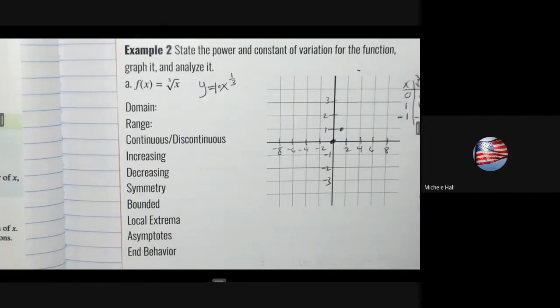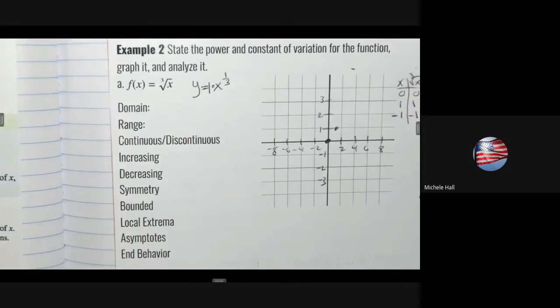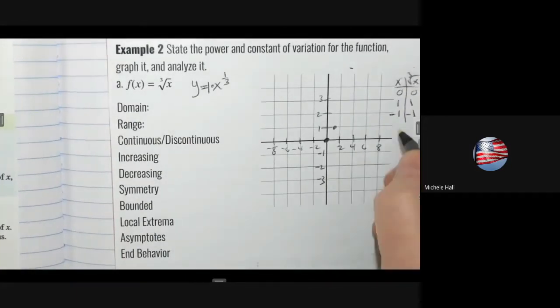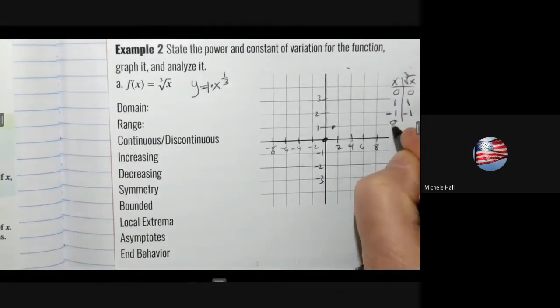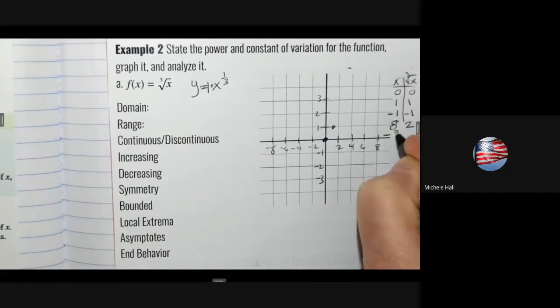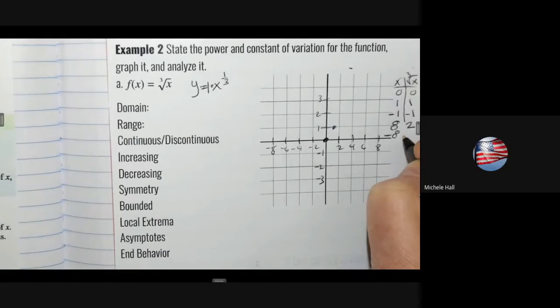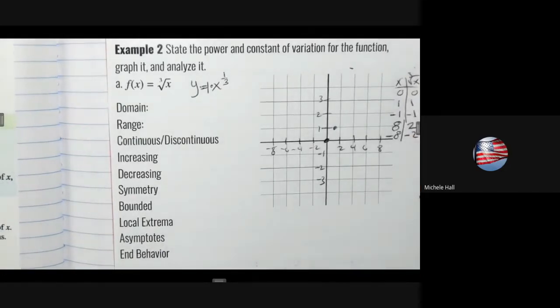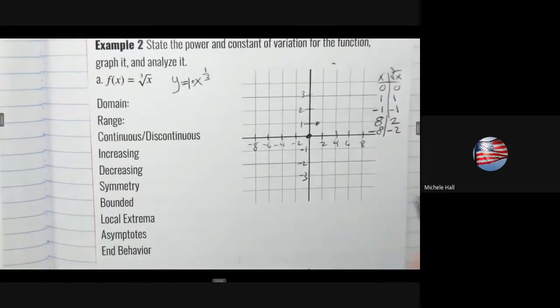What is another perfect cube? We could do 2 times 2 is 4 times 2 is 8. So the cube root of 8 would be 2. And the cube root of -8 would be -2. And we can plot those points.